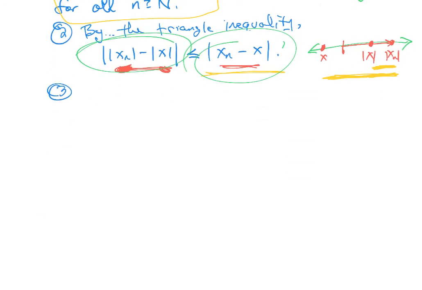I'm going to rush through addition because the other two are a lot more interesting, I think. I'm not going to write a complete proof for addition; we just don't have time. Again, think about what we want to make small: xn plus yn minus x plus y.